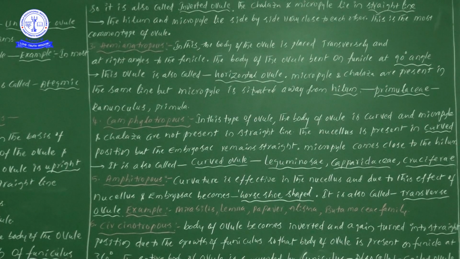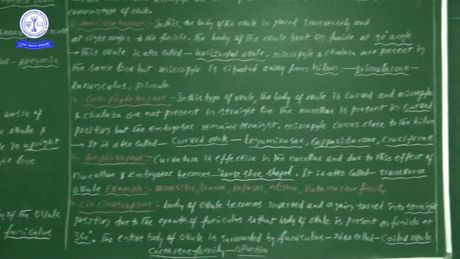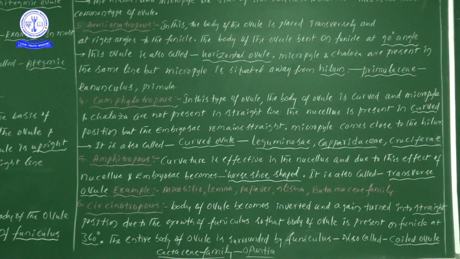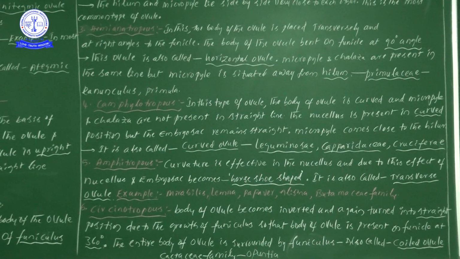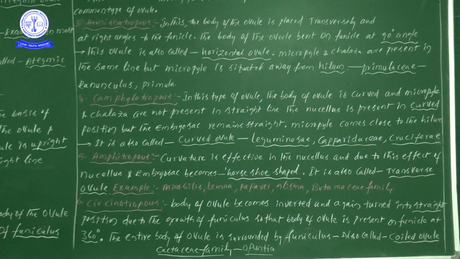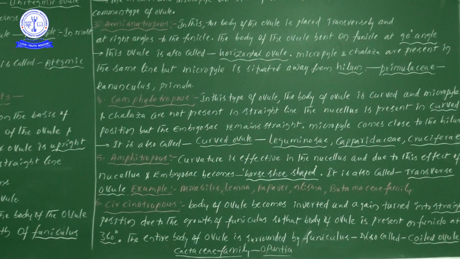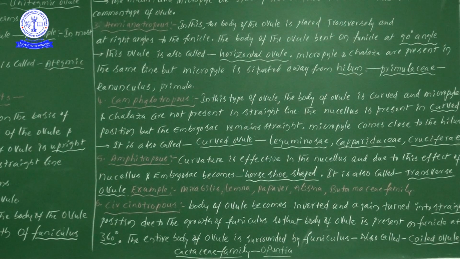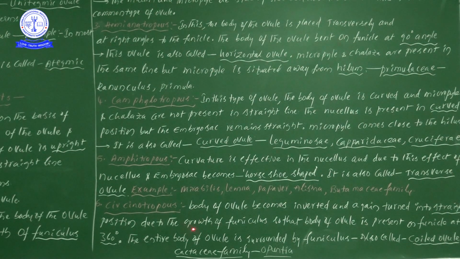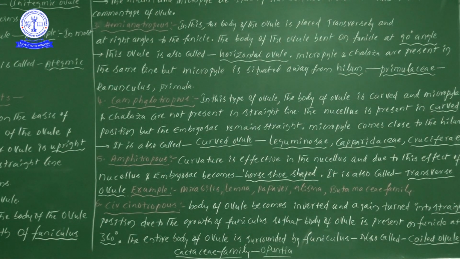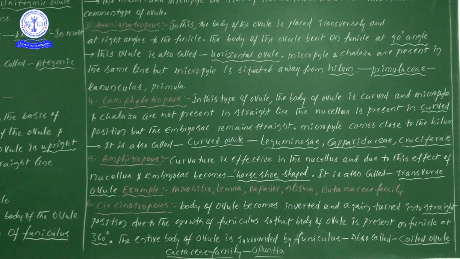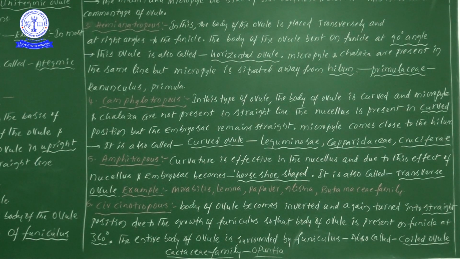So what are the main important points to be discussed in this type? Once you see Circinotropous, one more time I will explain. From the Circinotropous point of view, the body of the ovule becomes inverted and again turns into the straight position due to the growth of the funiculus. When the funiculus grows, what is happening?